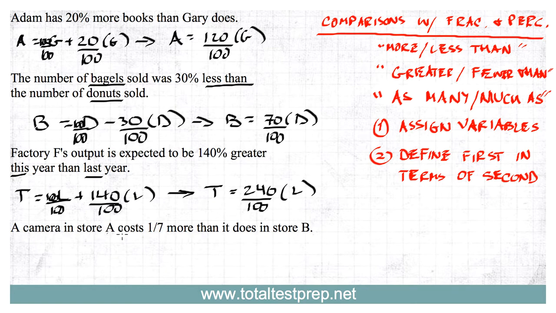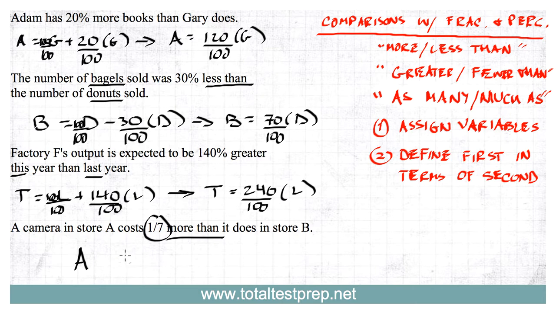So if a camera in store A costs 1/7 more than it does in store B, this is a comparison, comparing the price in store A with the price in store B. The more than is the keyword here. It's with fractions, but we'll follow the same steps as usual.